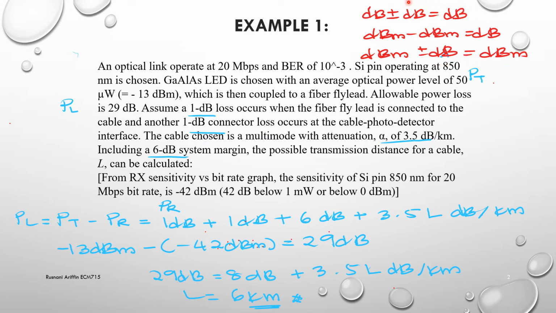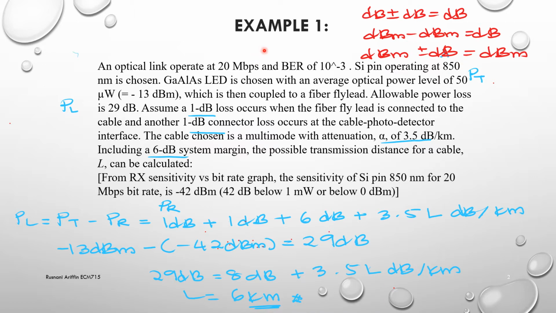I always like to remember the first one: no matter whether you add or subtract dB, you will still get dB. But if you can remember the other two, it is better.